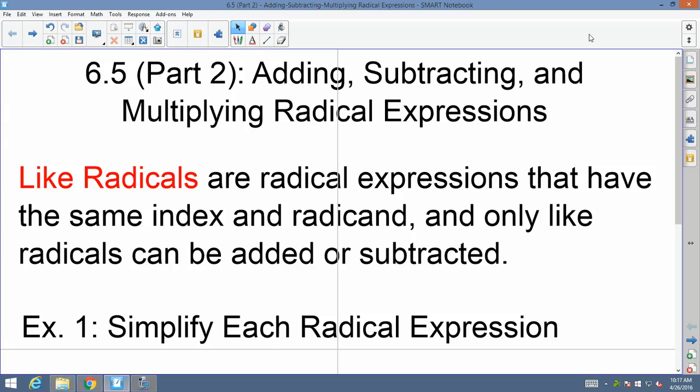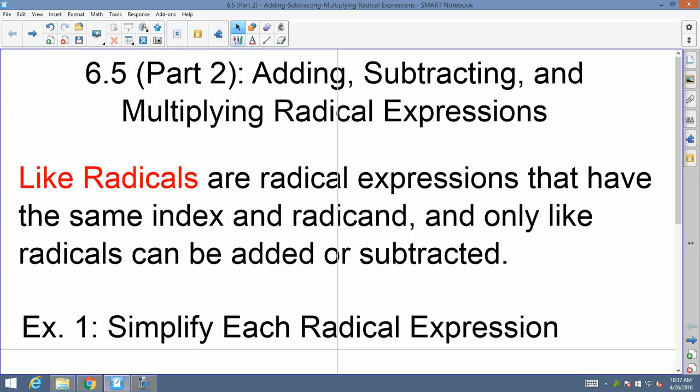Like radicals are radical expressions that have the same index and the same radicand. And only like radicals can be added or subtracted. If you think about this, gentlemen, this is kind of like adding and subtracting like terms. Like terms are terms that have the same variable raised to the same power, right?